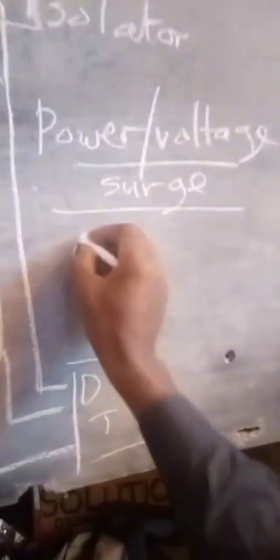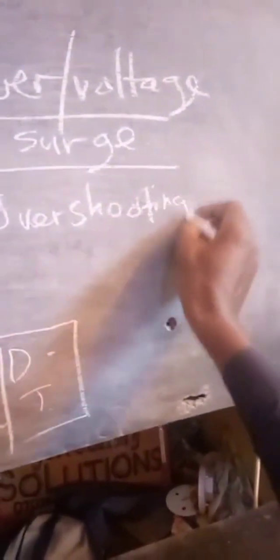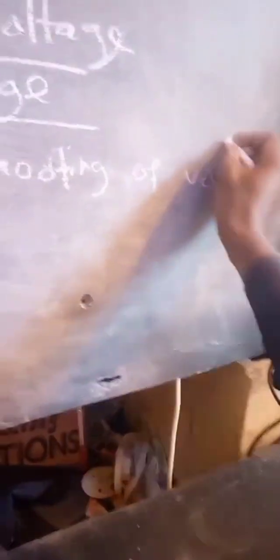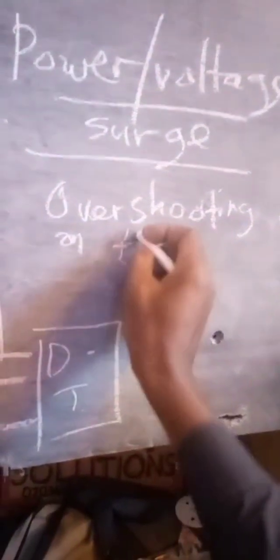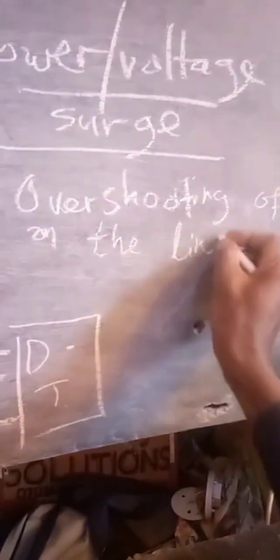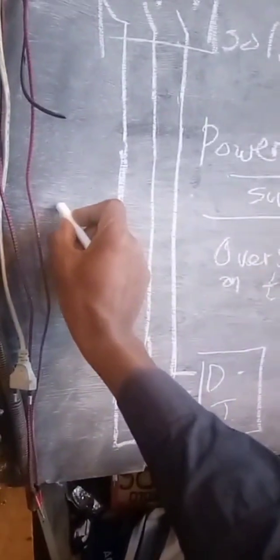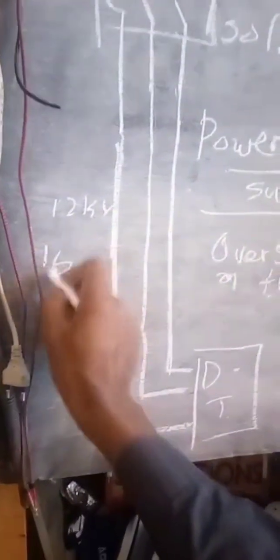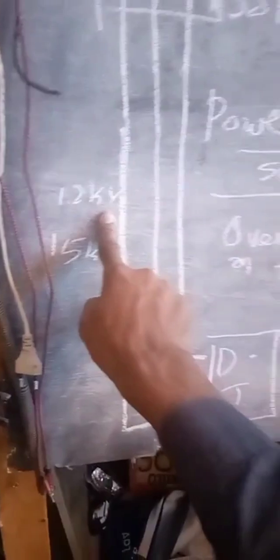This is when we have overshooting of voltage on the line. Remember, this line here is voltage, it's rated maybe 12 kV. We don't want in any case to have 15 kV or anything more than 12 kV.